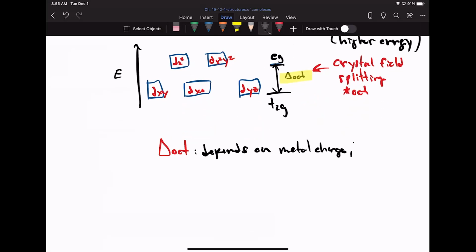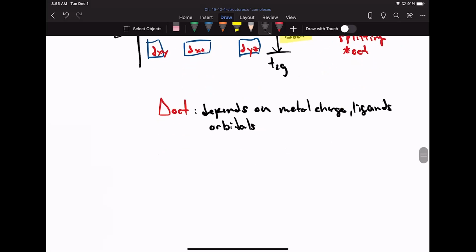It depends on the ligand. It also depends on the orbitals, right? So we'll talk about the ligands first here before we do the metal charge.